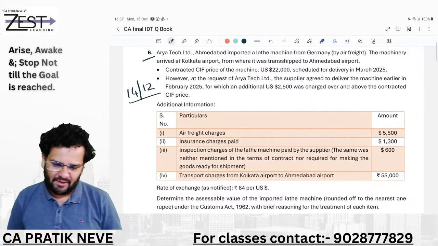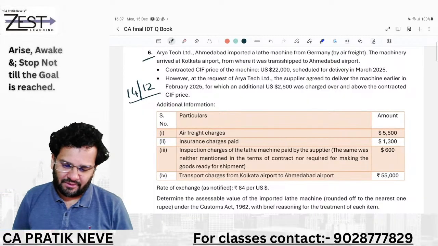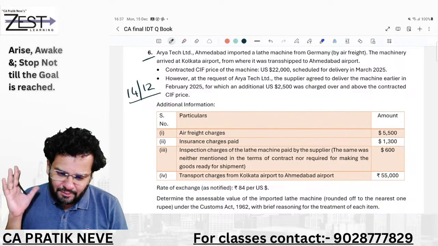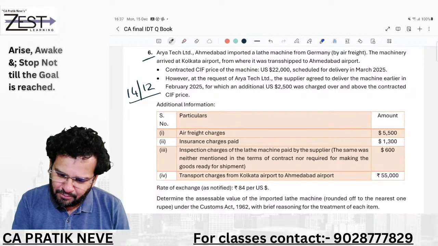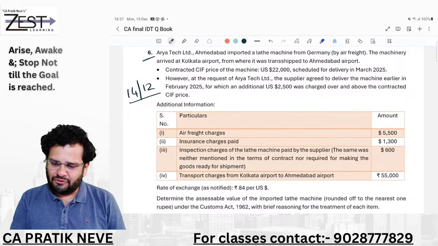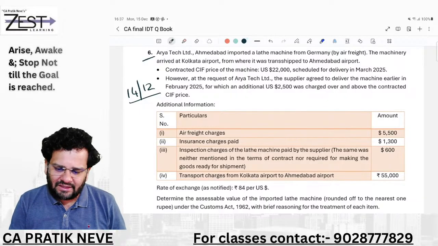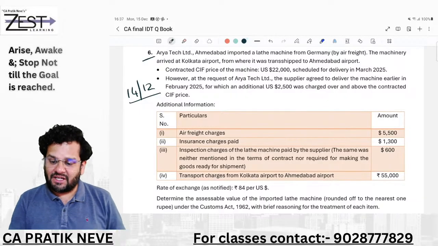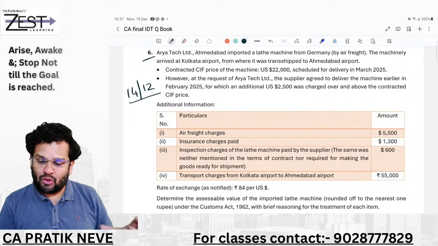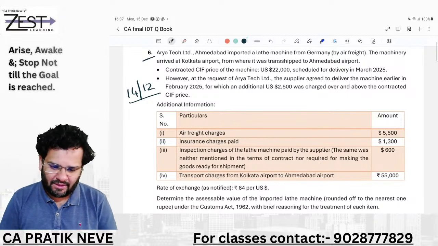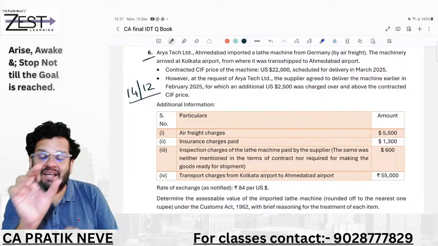So see, sixth question. IDT Limited, Ahmedabad, imported a lathe machine from Germany. The machine arrived at Kolkata airport from where it was transshipped to Ahmedabad airport. I am bothered with the CIF value.